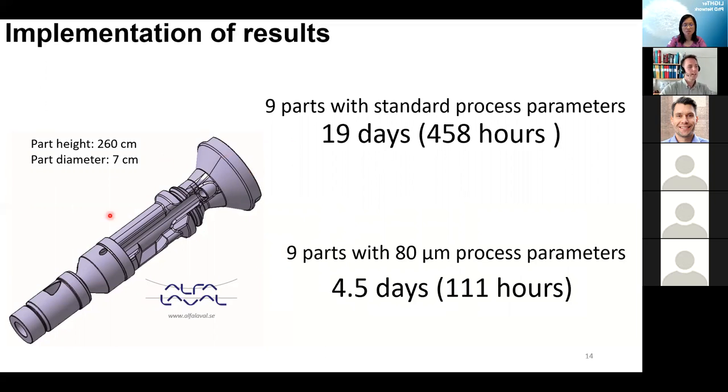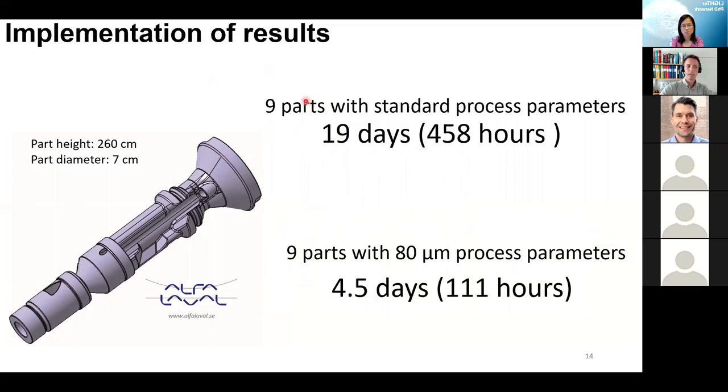But using the machine that we have here at Chalmers, 9 parts would take 19 days to produce. If we instead use the new 80 micron process parameter, we reduce that to 4.5 days.